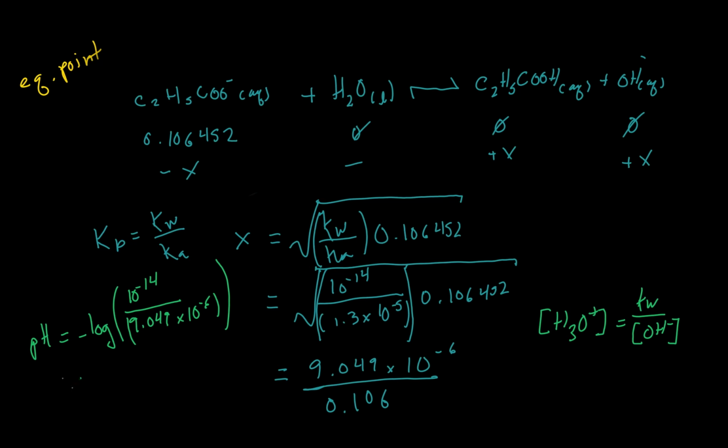All right, so I'm going to put that in my calculator. So 10 to the negative 14 divided by 9.049 times 10 to the negative 6, and take the negative log of that. And I calculate a pH of 8.96.